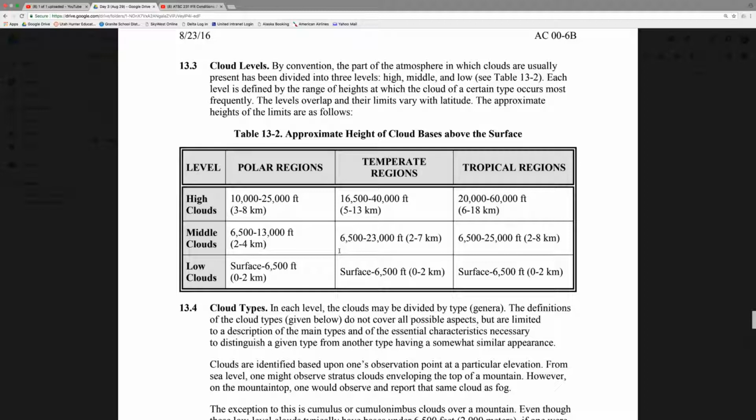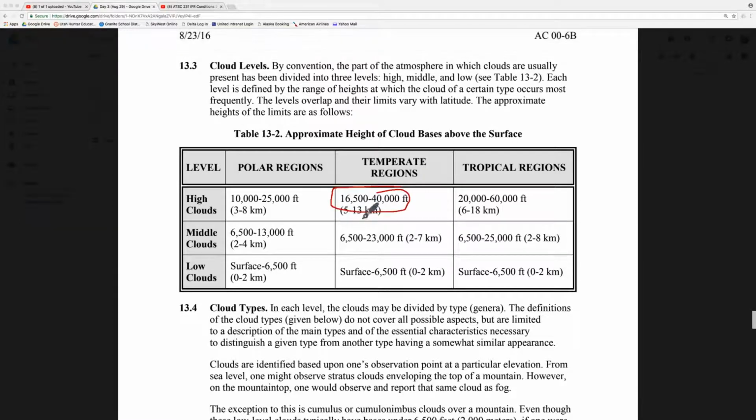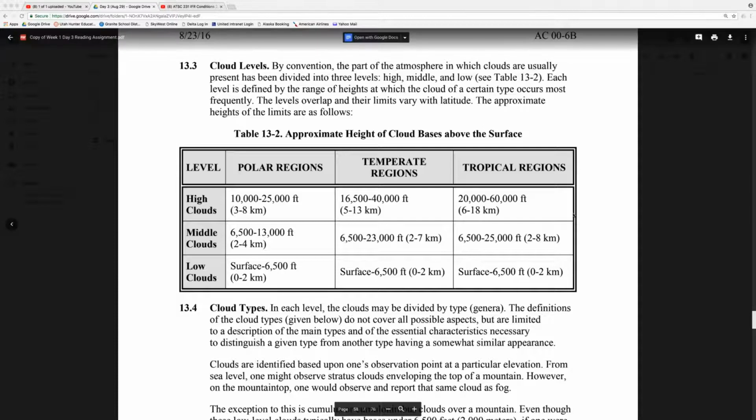So this is just a very generalized number here. Super generalized. I've seen clouds hit 65,000 feet in the temperate zone. It just depends on how violent the storm is.